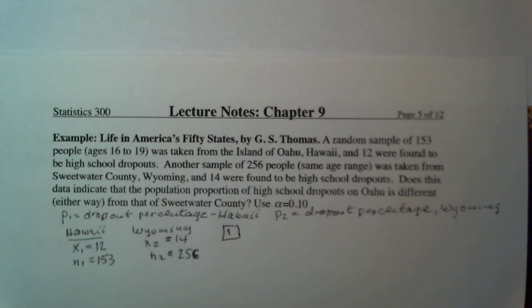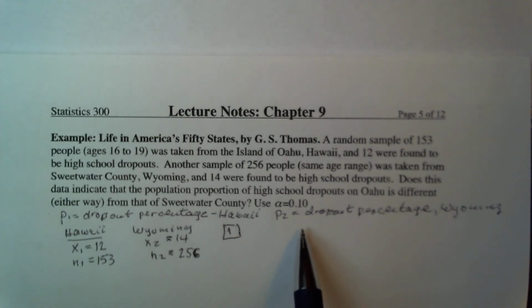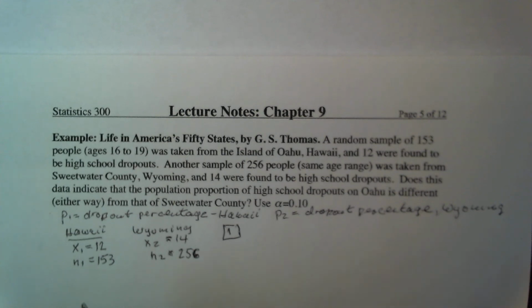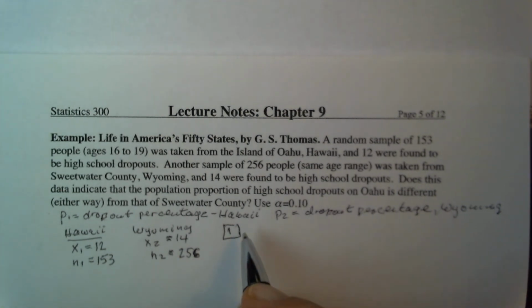So P1 would be the dropout proportion in Hawaii, and P2 would be the dropout proportion in Sweetwater County, Wyoming. Then for Hawaii, our X1 is 12, and our N1 is 153, and for Sweetwater County, Wyoming, X2 is 14, and N2 is 156.